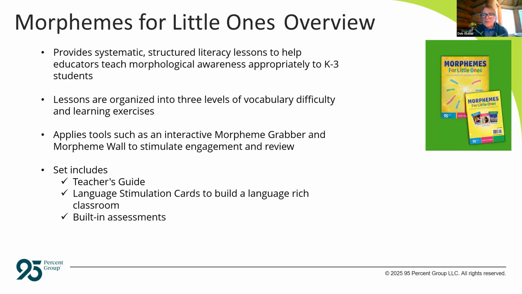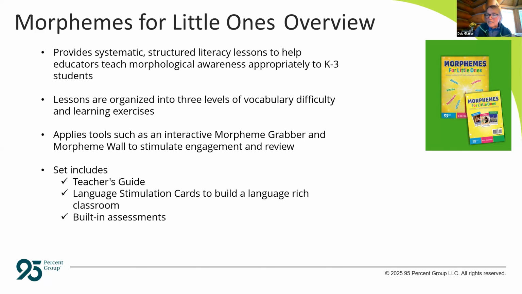Children who have been through Morphemes for Littles will have a greater appreciation and awareness and be ready to begin studying the Latin roots in Morpheme Magic. As we know, researchers have shared with us that around 4th grade is when the vocabulary in written text begins to become much more morphological, in terms of the Latin roots and the prefixes and suffixes that will be used, and children will be ready for that study after the awareness exercises in Morphemes for Littles.